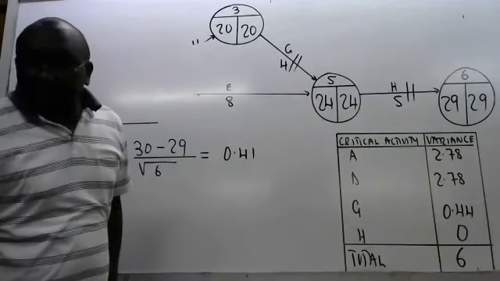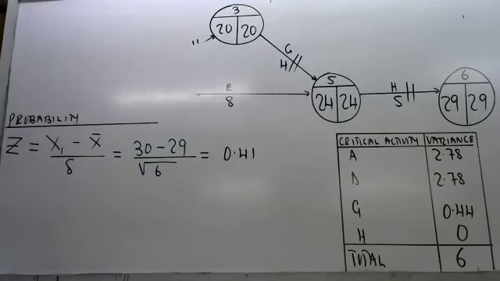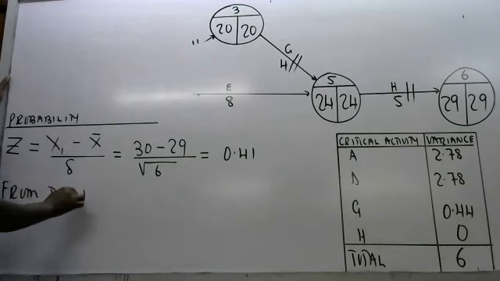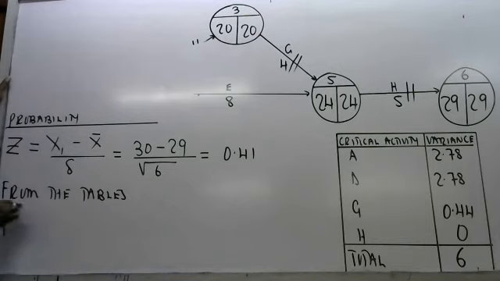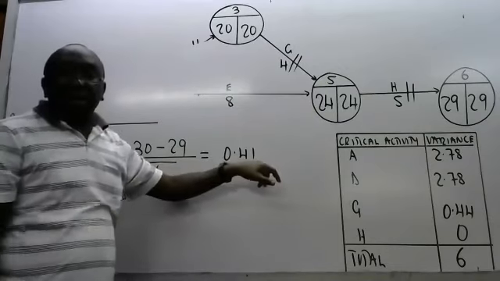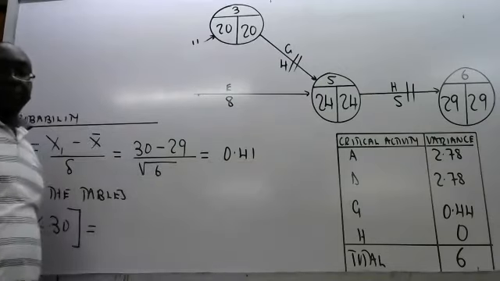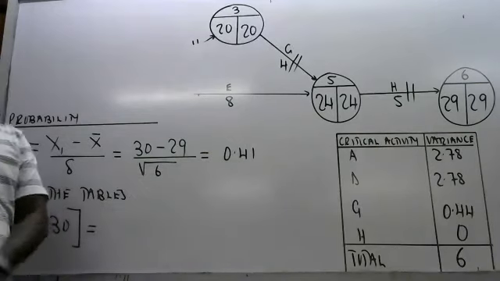So when you are told less than that days, they are talking of within 30. So from the tables, probability that x is less than or equal to 30. Enda kwa table nisomee hii. Go to the normal tables and give me this.